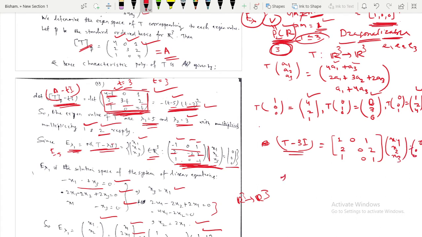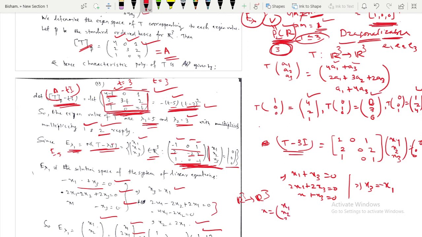If you solve this, you get x1 plus x3 equal to 0, and 2x1 plus 2x3 equal to 0, and x1 plus x3 equal to 0. That means you are only getting x3 equal to minus x1. So what is my x?